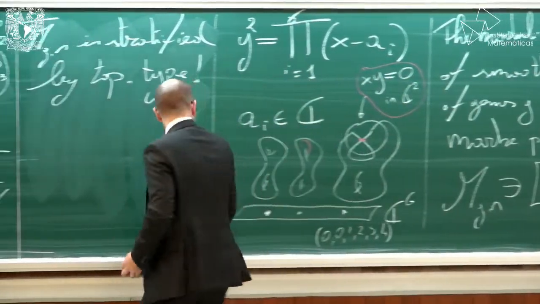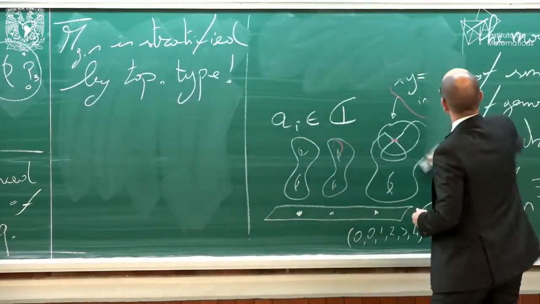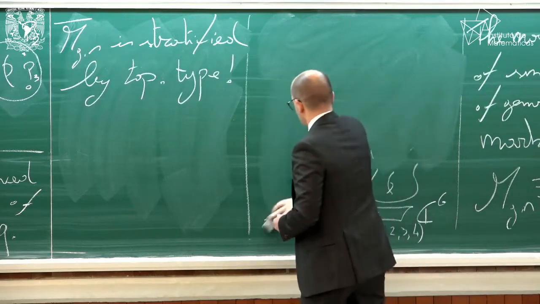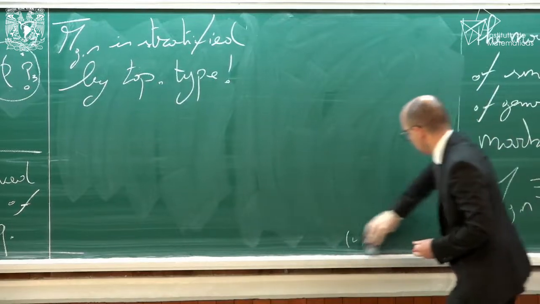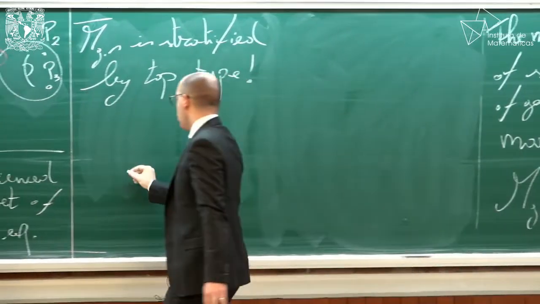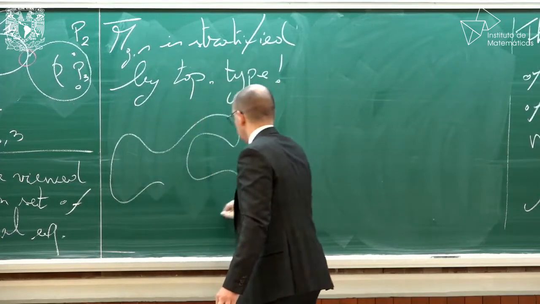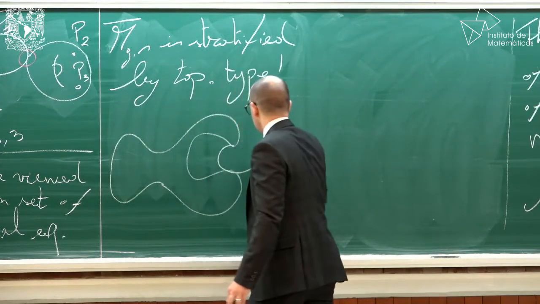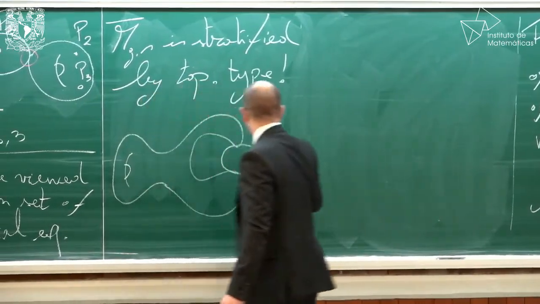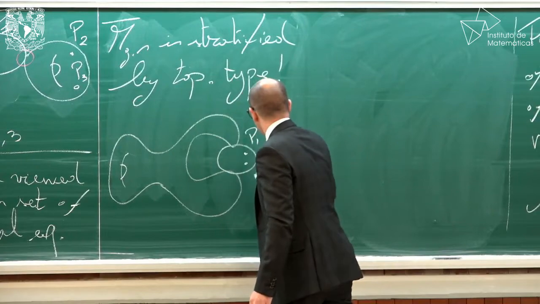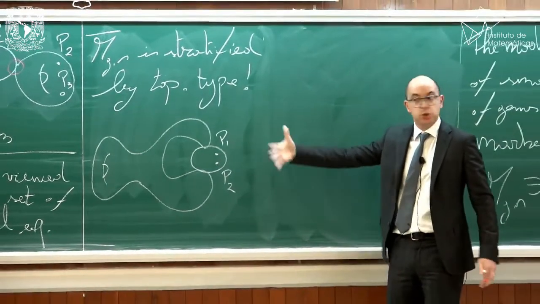Let's make an example. I can look at all curves which topologically look like this. And I can look at the stratum of all the curves which look like this.